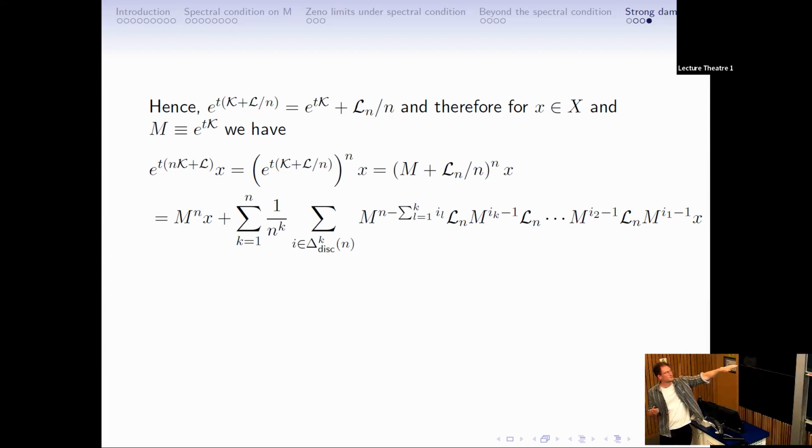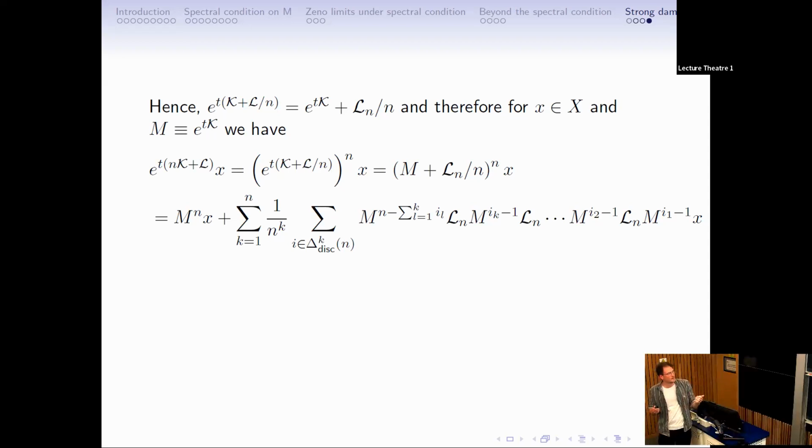I can therefore write the dynamics I'm interested in as an operator product. I can again write this operator, of which I take exponents, as a sum. I again discover this quite nasty looking sum with all the differences L popping up in different places.